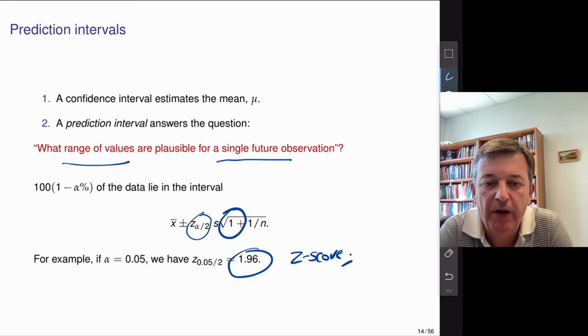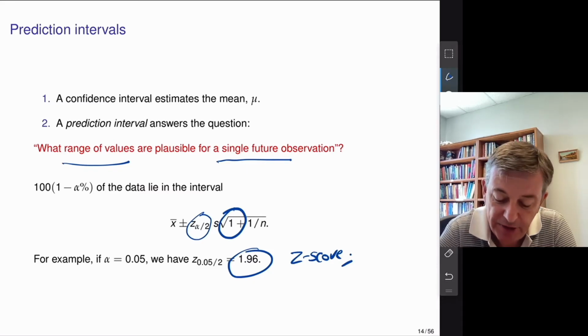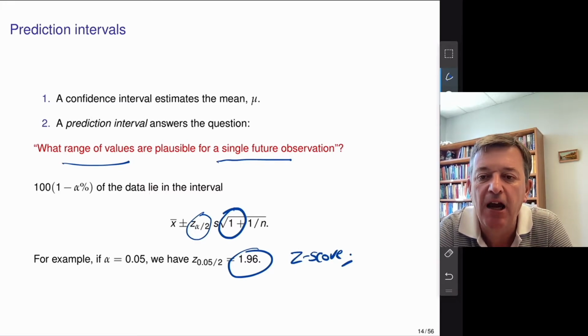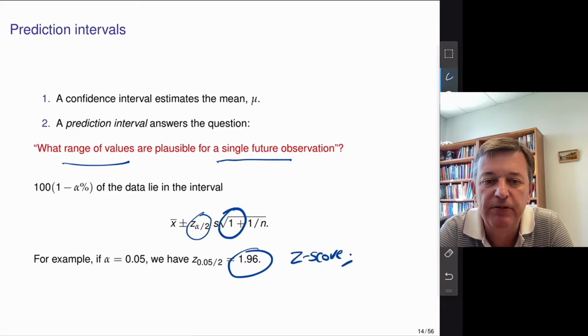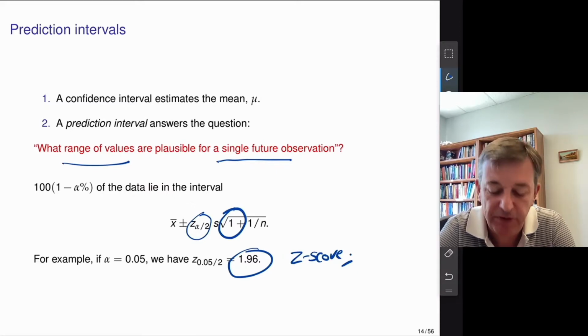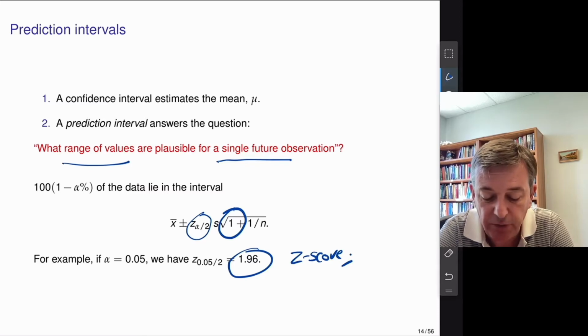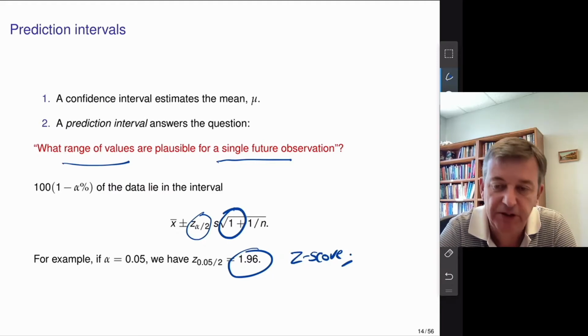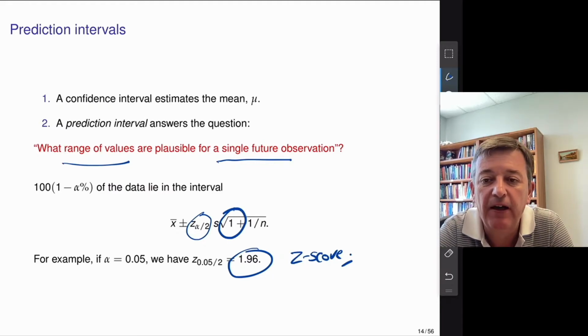And again, one of the other big differences is as n gets bigger and bigger, this last term will disappear. But of course, that first term, the inherent variability in one observation, won't disappear. So my prediction interval can never be tighter than x bar plus or minus however many standard deviations you want to go times s. And it makes sense that prediction intervals will always be wider than confidence intervals. What are typical applications?